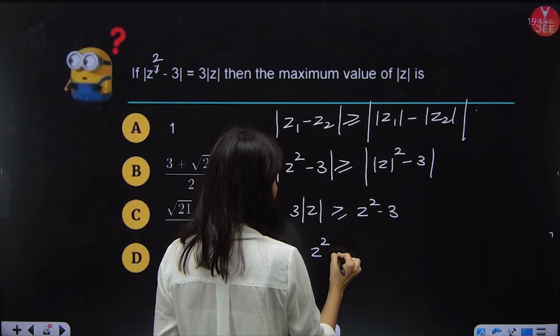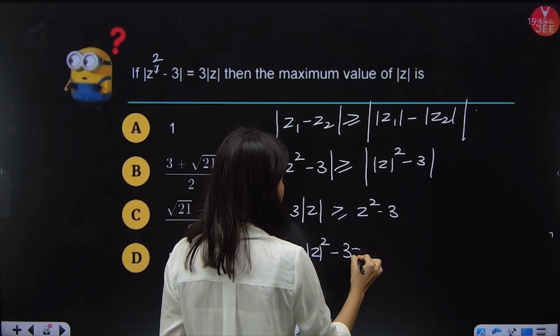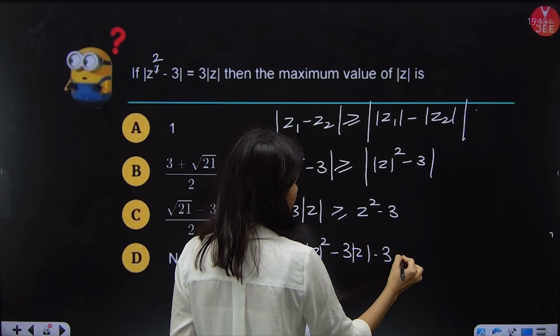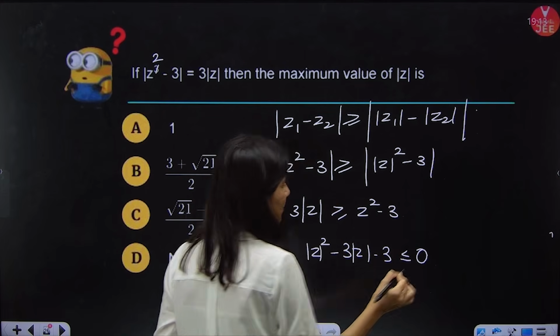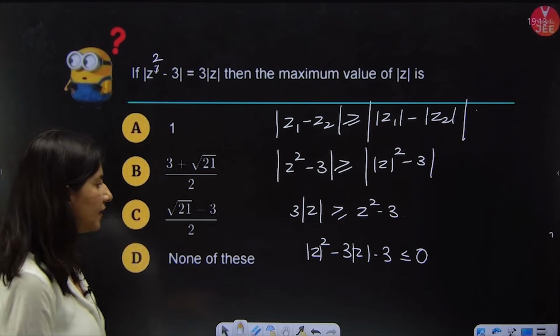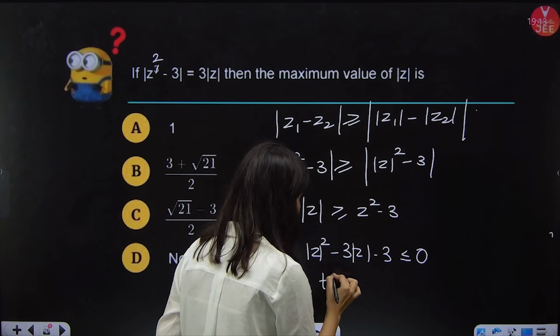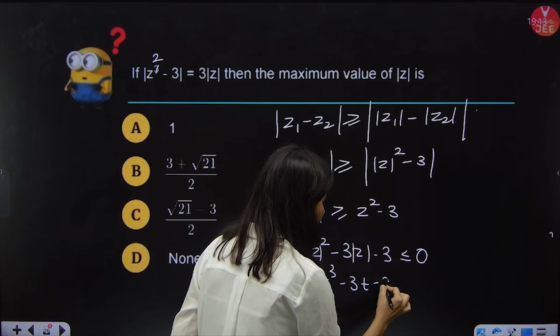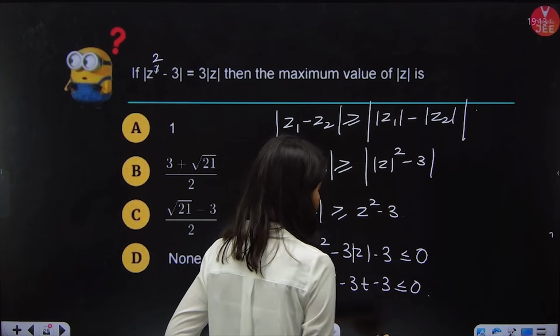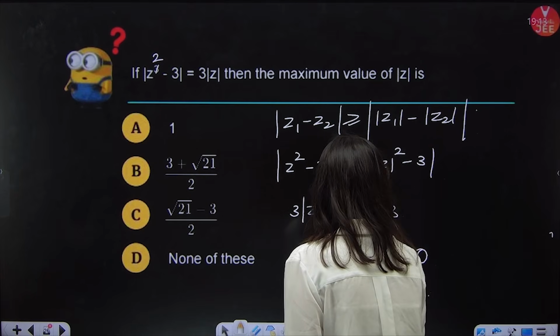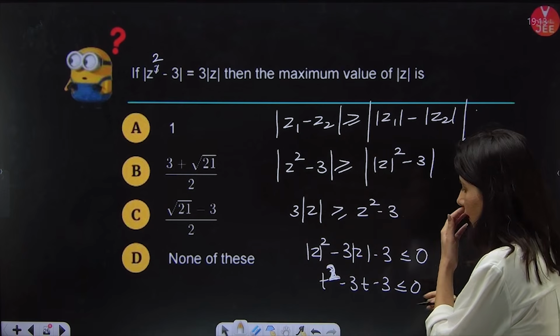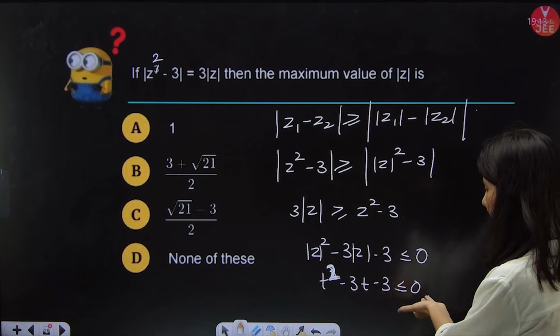So Z square minus 3 Z minus 3 less than or equals to 0. So we can easily calculate. So t square minus 3t minus 3 less than or equals to 0. You can just calculate the quadratic equation less than 0, right?